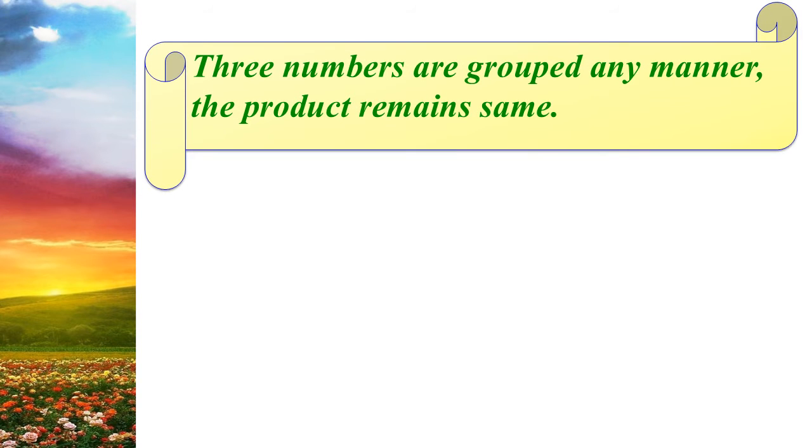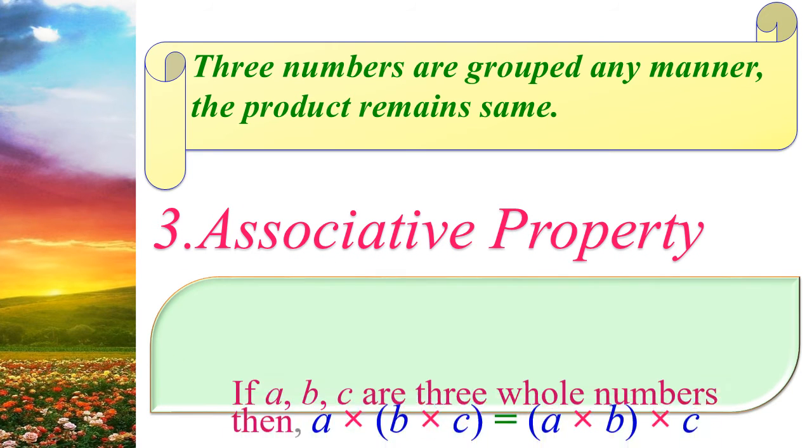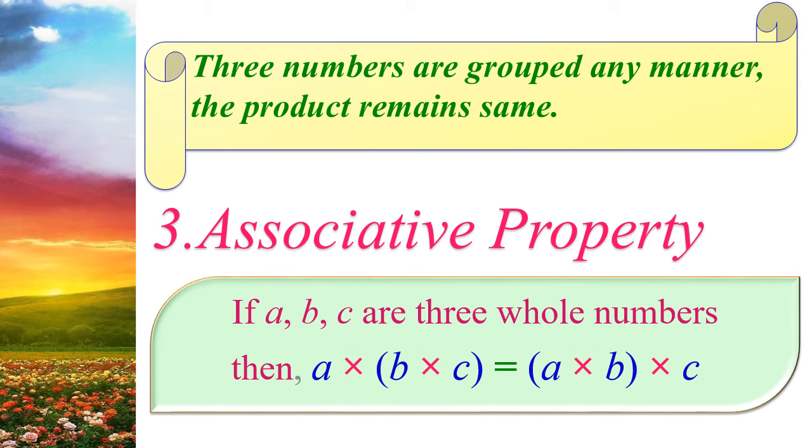So, we learn from this, when 3 numbers are grouped in any manner, the product remains the same. Therefore, the associative property is, if A, B, C are 3 whole numbers, then A multiplied by (B multiplied by C) equal to (A multiplied by B) multiplied by C.